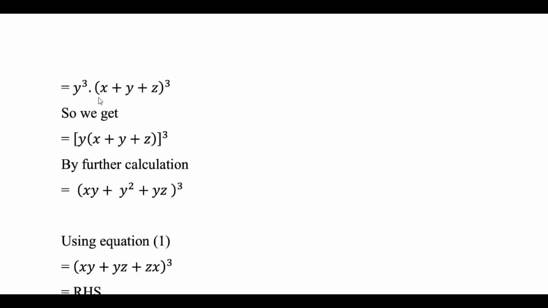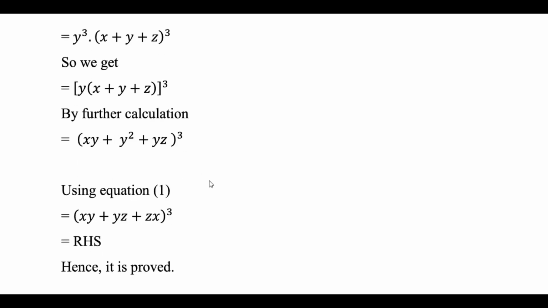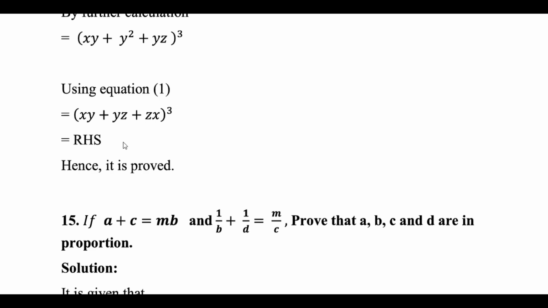So y cube into (x plus y plus z) cube. So we get y into (x plus y plus z) whole cube. By further calculation, you will get (xy plus y square plus yz) cube. Using equation 1, (xy plus yz plus zx) cube is equal to the right hand side. So hence it is proved.